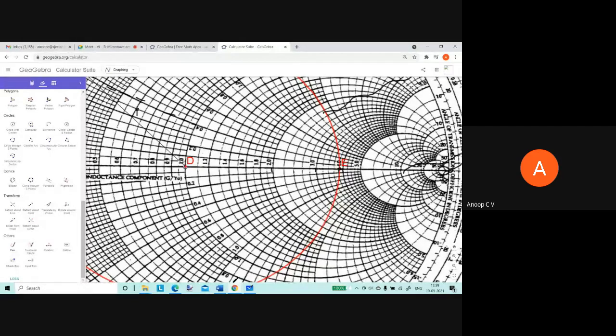So it is between R equal to 3 and R equal to 4. In between, you can see 5 segments, so it will be 3.2, 3.4, 3.6, and 3.8. So that will be 3.8.